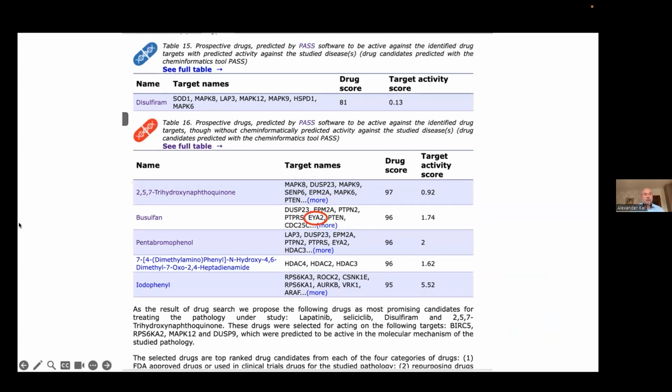For instance, this is a result of such screening, and it gives us busulfan as one of the top candidates, because using PASS, using prediction of activity, we found that it predicts very high PA for those targets which we predicted as master regulators, among them also this gene we were considering just a moment ago.